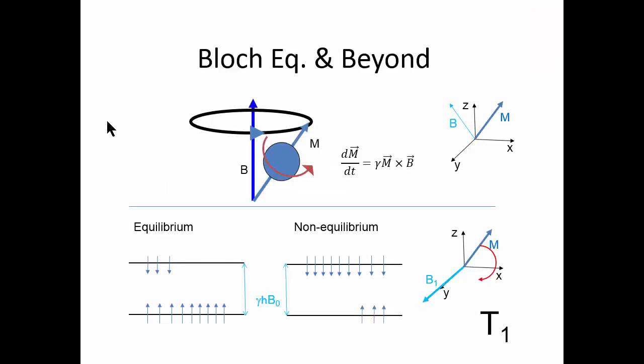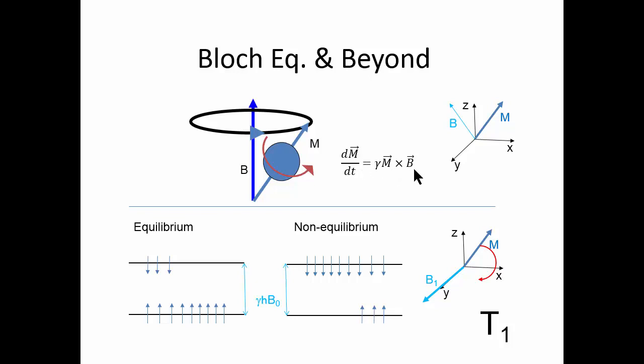So the Bloch equations, as shown over here, are just a simple classical description of the behavior of the spin, or the magnetization, which is a population of the spins, in the external magnetic field.